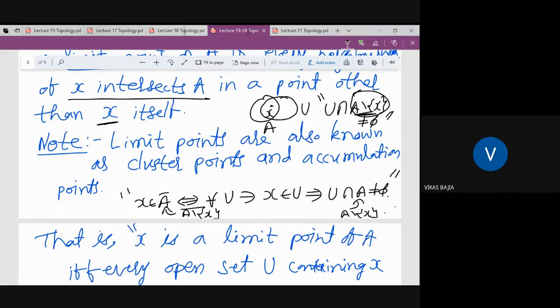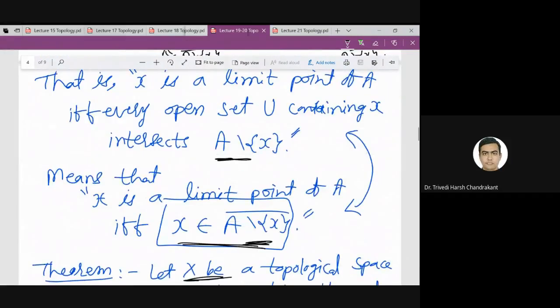A minus x closure means A minus x union all the limit points of A minus x. We are saying x is a limit point of set A if and only if x is in the closure of this set. So this and this are different sets. This is A, this is A minus x. Think about that. We will discuss it again in the next lecture.